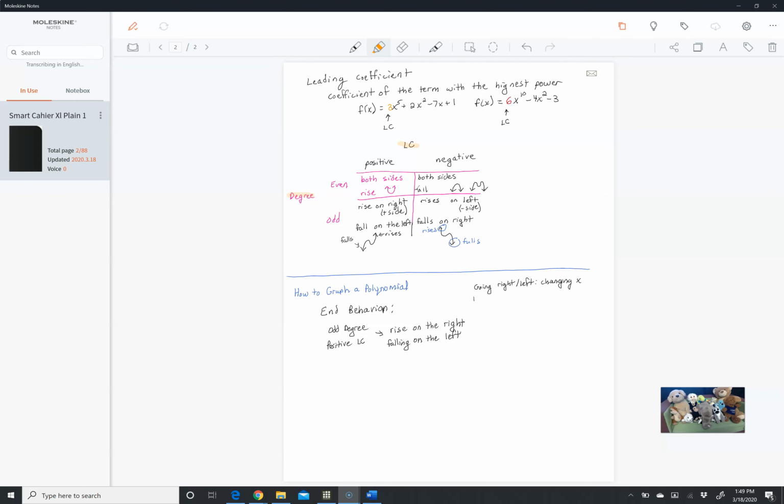Whereas when we're saying rising or falling, we're talking about the y values. And if you remember, our y values are the same thing as f of x.